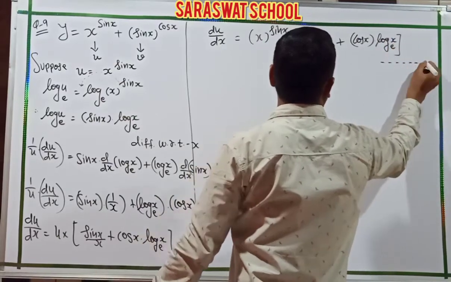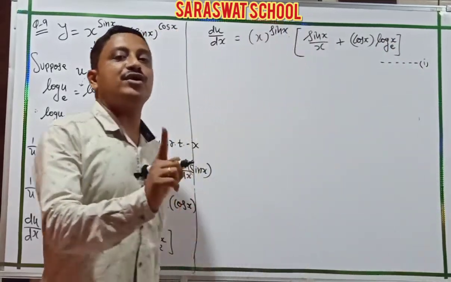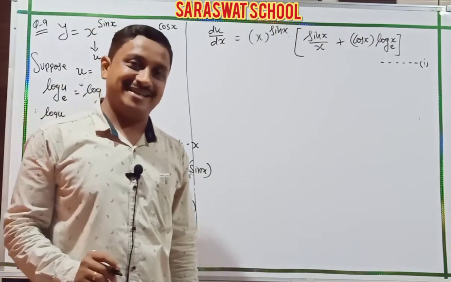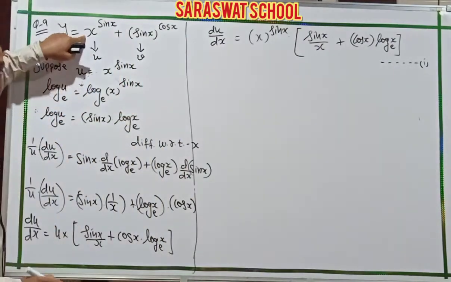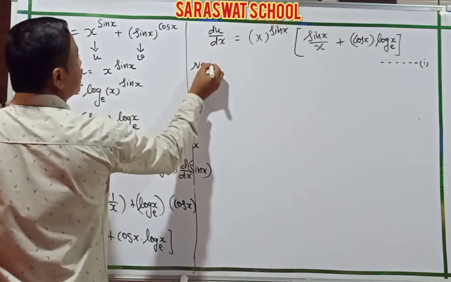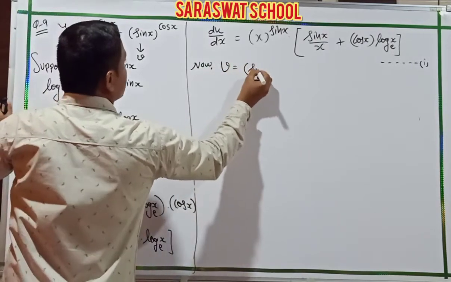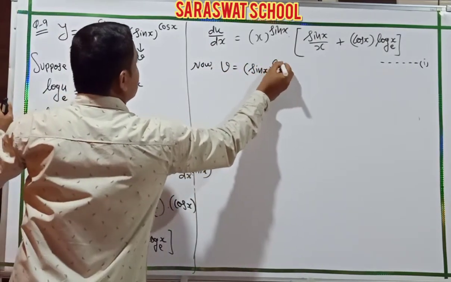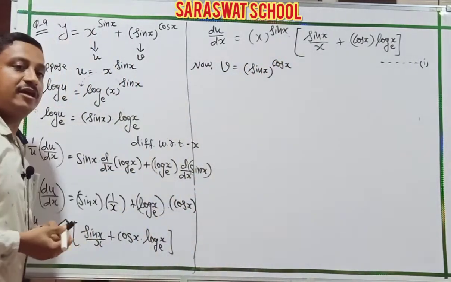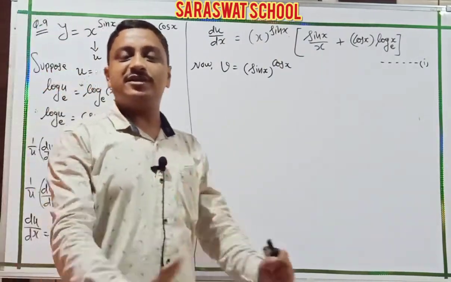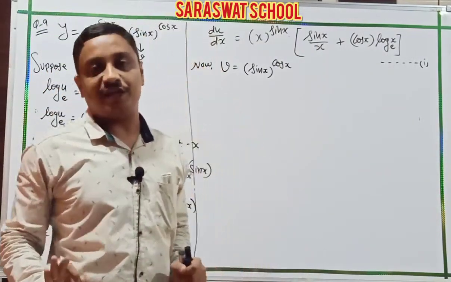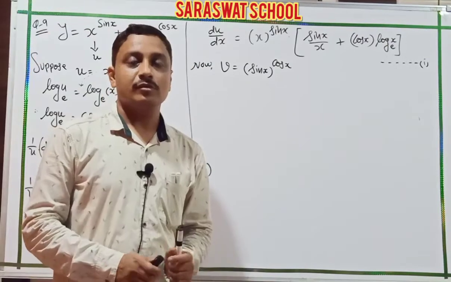And here, students, the first case ends. Now I start v, sin x to the power cos x, and here again applying the basic log function, and it is easily done.